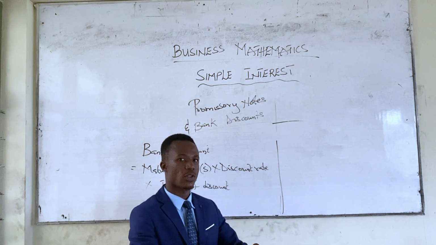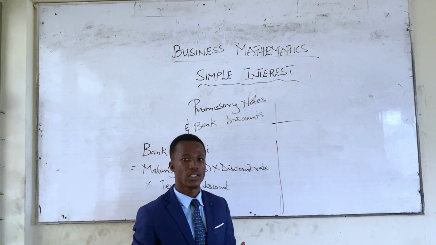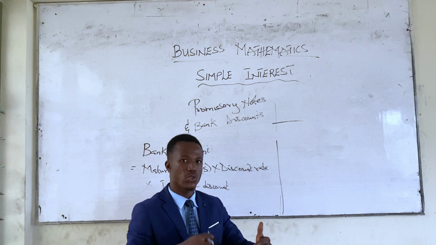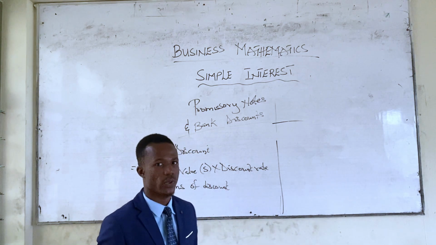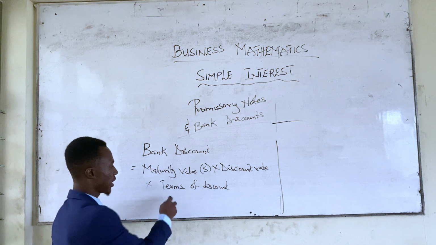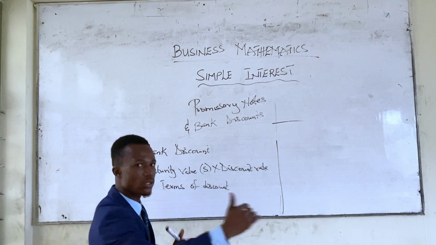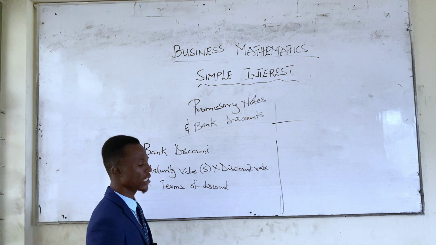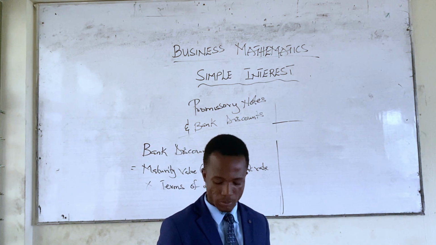The bank will not start from the day that you took the loan. The bank will start from the day that you started the agreement with it. So that is the terms of the discount: the date that the bank came in until the due date. I hope you get it. And that is what we are talking about.